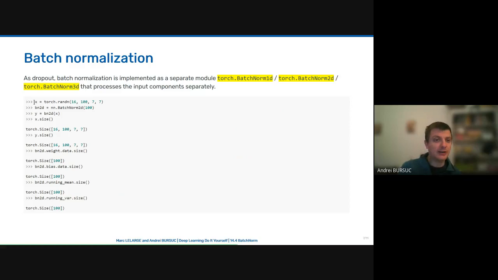I will define here a random feature map, a tensor that mimics a mini batch of size 16 with 100 feature maps of spatial dimensions 7 by 7.